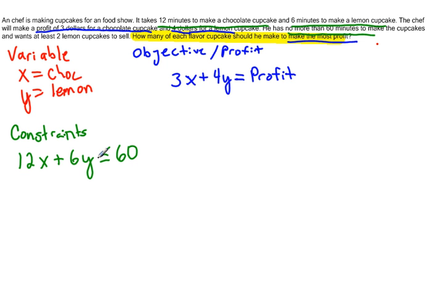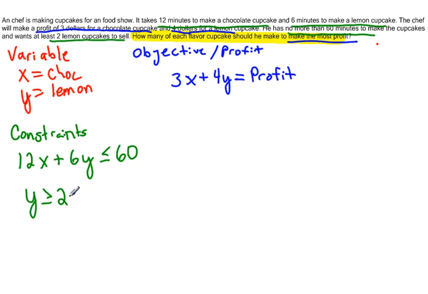Next thing we want to look at: is there anything else that's going to constrain this problem? He wants at least 2 lemon cupcakes to sell. We said y is lemon, so y has to be greater than or equal to 2, because 2 is the minimum that he can have.